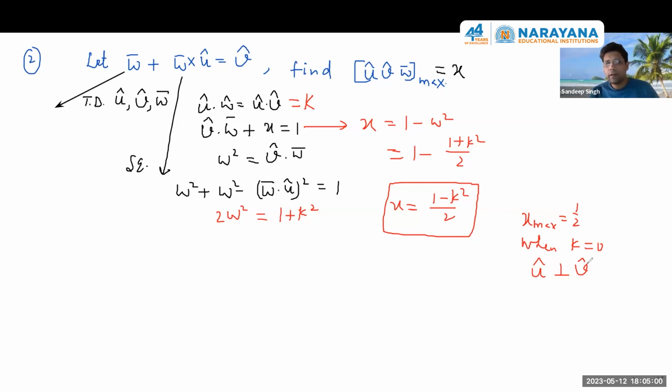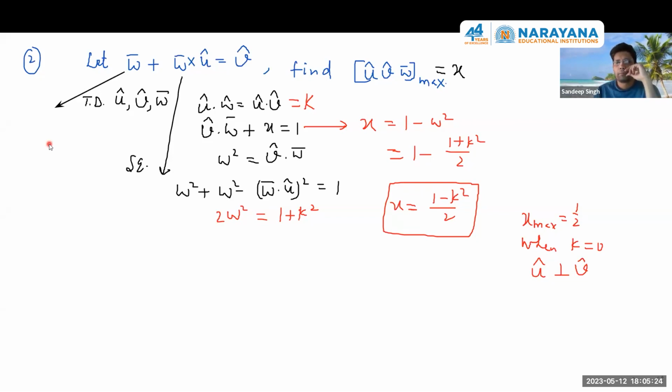What else? In one or more than one questions, I can frame similar types of other questions also. So can you tell me w plus w cross u is v cap? Yes, you will be able to obtain w in terms of u and v. Can we do that? So tell me, how will you obtain w in terms of u and v now?